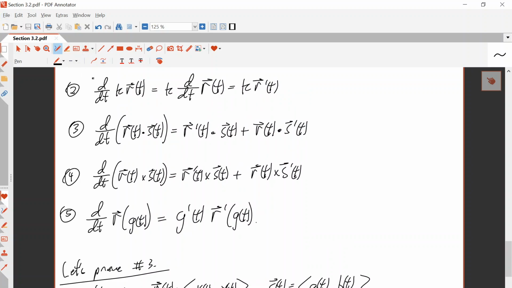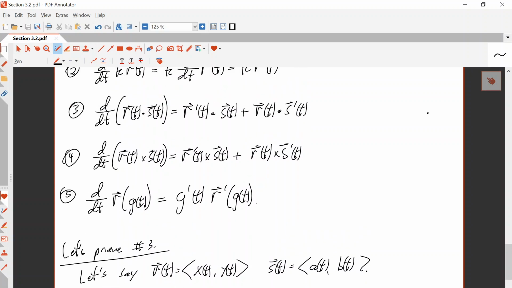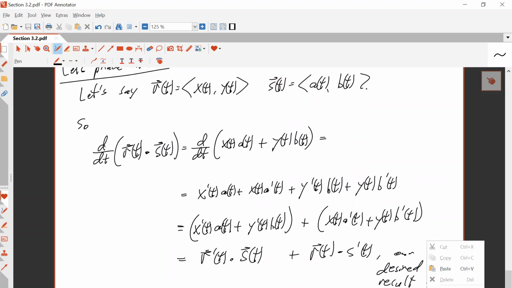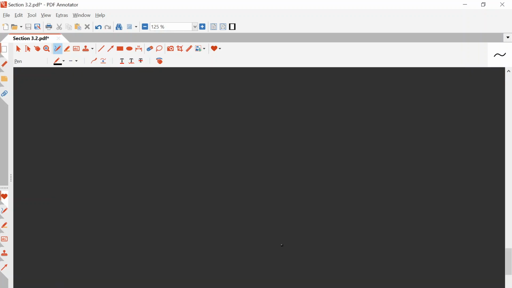There's an interesting application of this fact that the product rule works for dot products. The product rule for derivatives of vector functions works on dot products. An interesting property is the following.